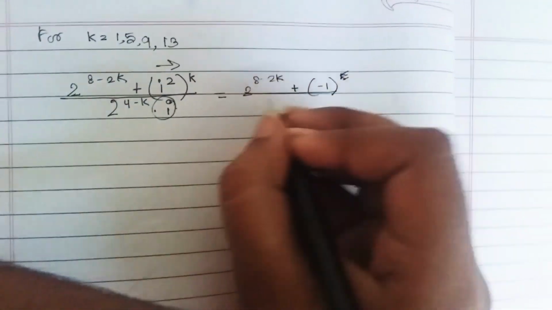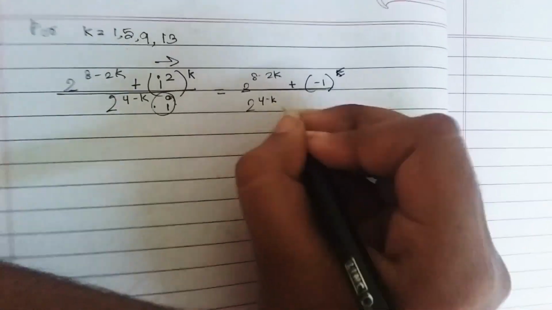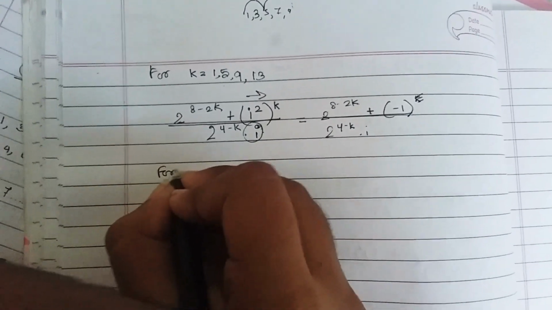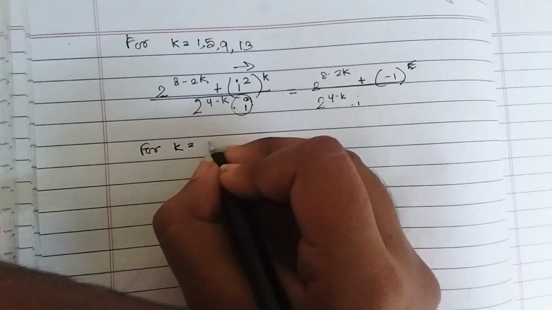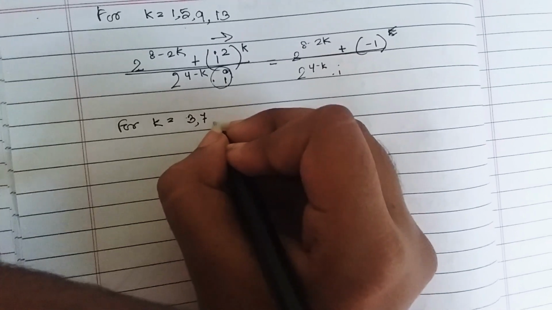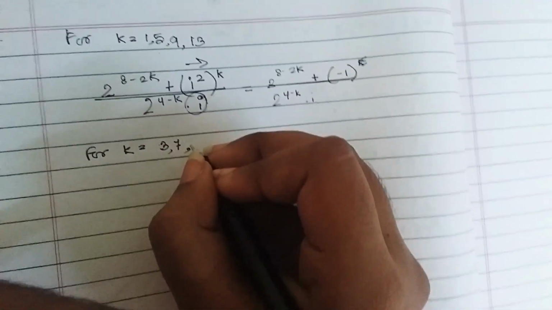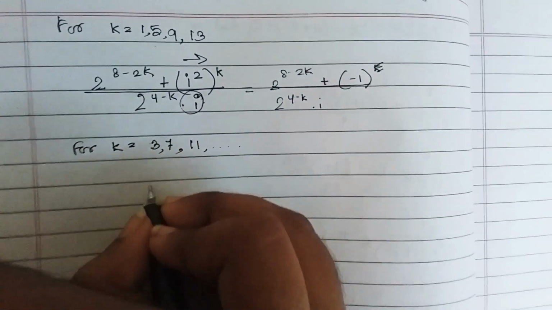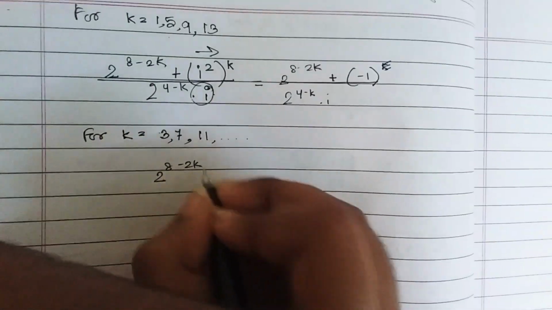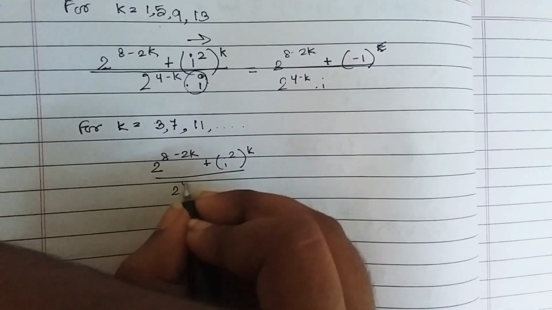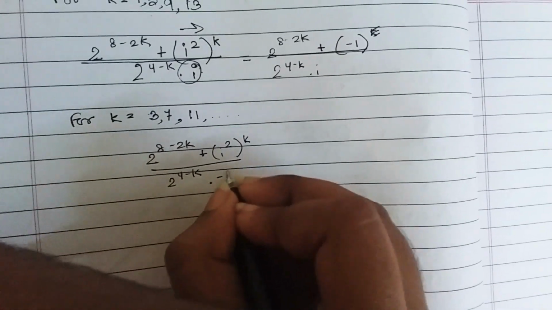So k also needs to be written as 4 minus k into n. Done. But again, for k equal to 3, 7, 11, we're going to get minus i.